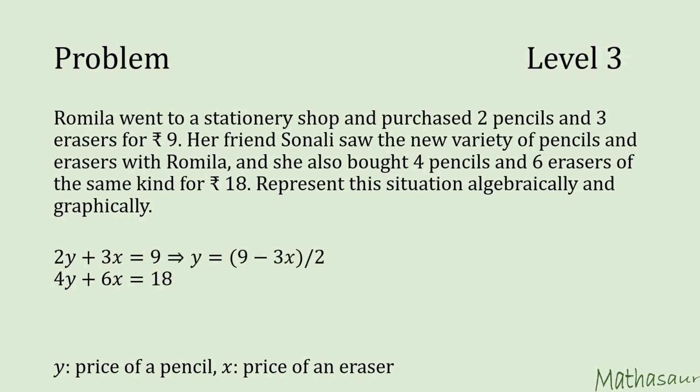From the first equation, we could rearrange the terms to say that y equals 9 minus 3x divided by 2. It is interesting to note that the second equation is actually a multiple of the first equation, and it also leads to the same value for y. So let us draw just one table for both these equations.